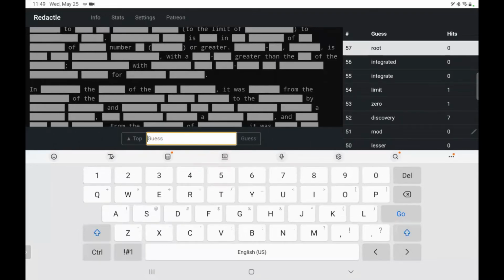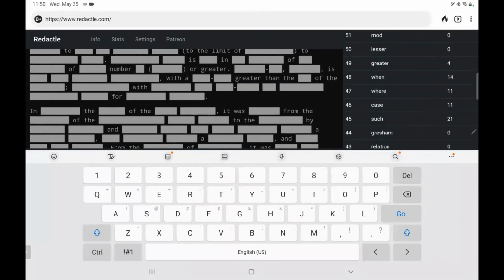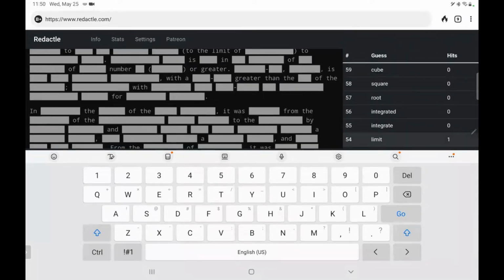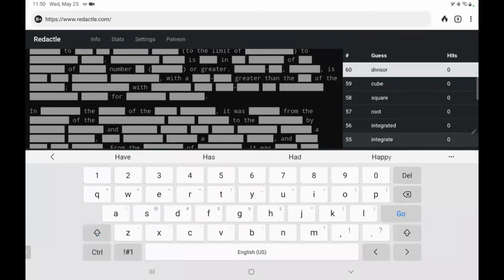No. Square, cube, inverse. Oh, I already did inverse. Divisor, half, aha, half-life.